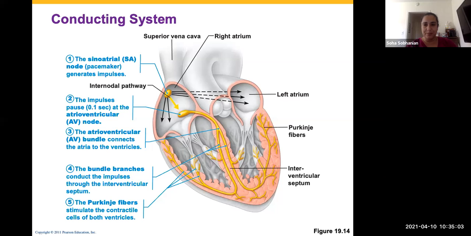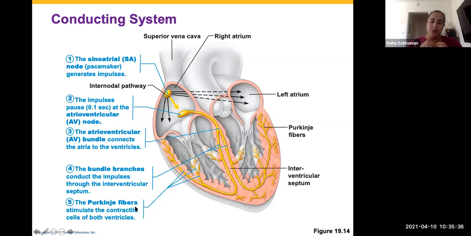Then it branches into right and left bundle branches. So it basically says, I have to supply both the right side and the left side with the electrical impulse, so I'm going to separate and branch. And that ends with these little tiny branches coming off called the Purkinje fibers.